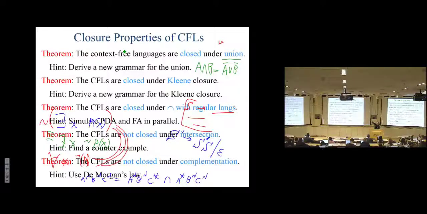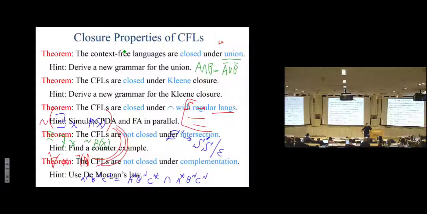We already know it's closed under union, so the union of A bar and B bar will still be context free because it is closed under union. We don't have to presume it is true. That's the first theorem we proved. And then again, it's closed under complementation, so the complement of the union of the complements will still be context free. But altogether, these operators give you A intersect B by De Morgan's law, and we know for sure as a theorem that they're not closed under intersection. And here's a counterexample, right? So they can't be closed under complement either by De Morgan's law.